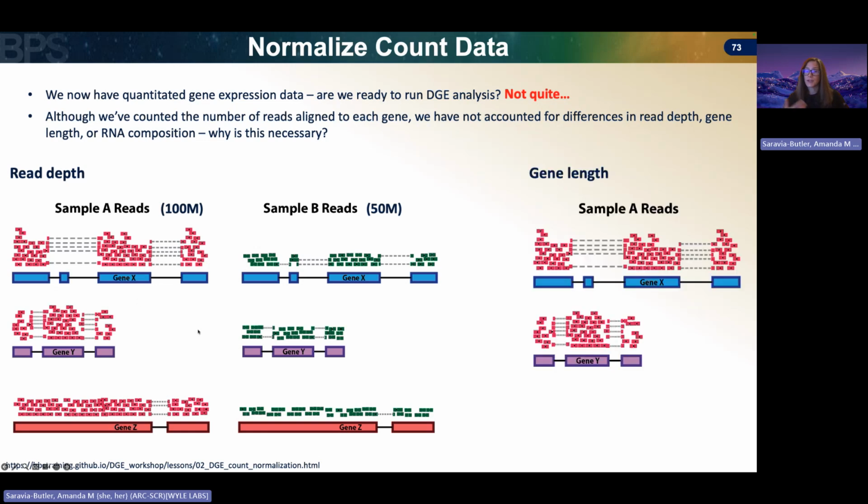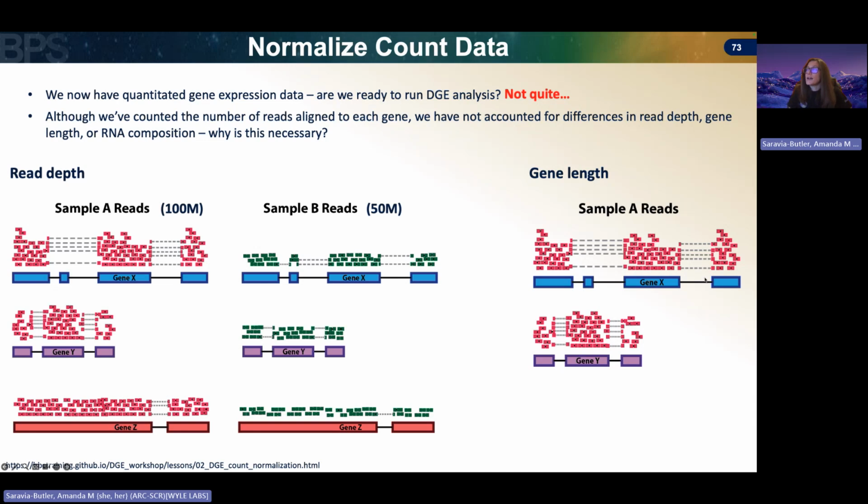Next thing we might want to consider, depending on what question we're answering, is accounting for gene length. Accounting for gene length is going to be necessary if you're comparing expression between different genes within the same sample. Within sample A here, if you want to know the difference of expression between gene X and gene Y, you can see that gene X and gene Y have similar levels of expression, right? 1, 2, 3, 4, 5, 6, 7, 8, 9 copies of each one.